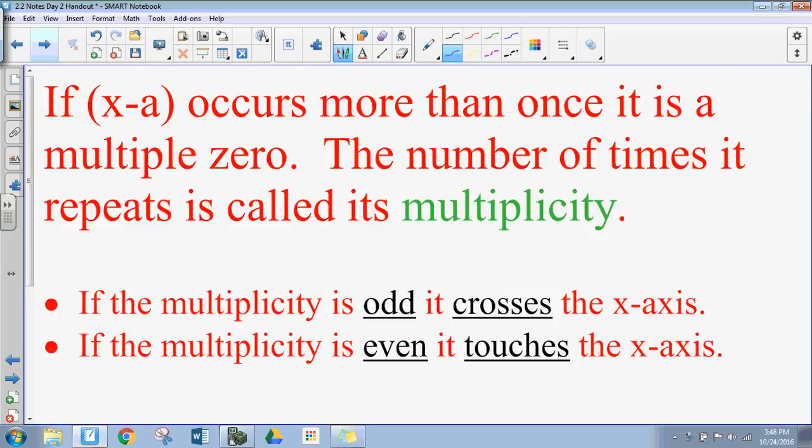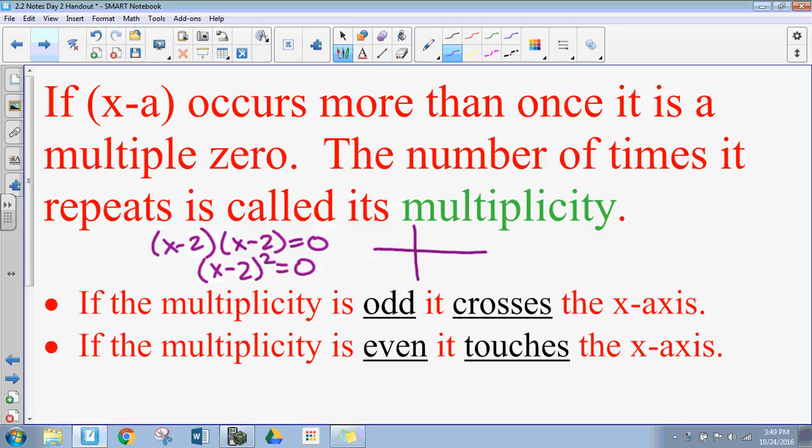This is something new that we haven't talked about yet, and that's called the multiplicity. Back when we were factoring before, we would get to a point where we would have x minus 2 equals 0, or x minus 2 squared equals 0. And you would only get 1 zero. On a quadratic, x minus 2, the 0 would be 2.